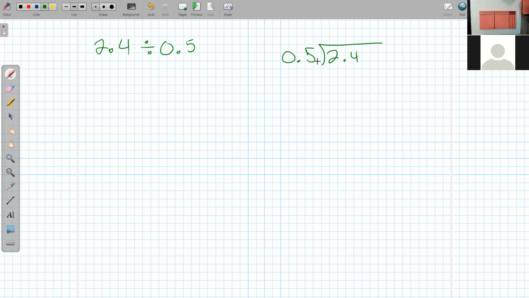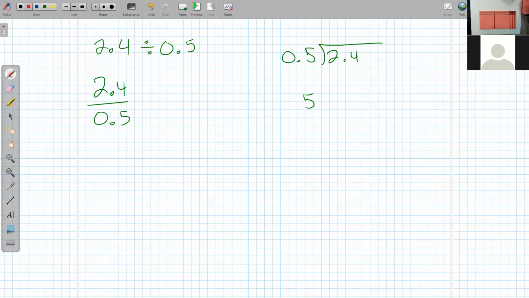Now I can't just change the 5 alone, because here I'm comparing tenths to tenths, but I can easily switch the tenths, because this is really 2.4 over 0.5.